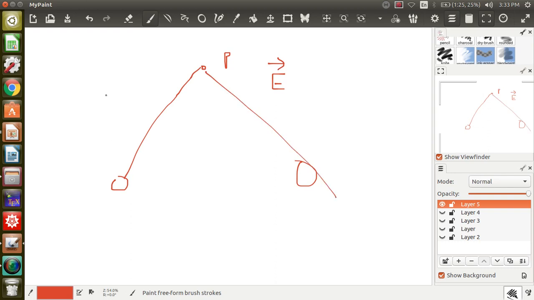Let's say one has a field E1 and the other has E2. Then the total electric field at that point is the vector sum of E1 and E2.